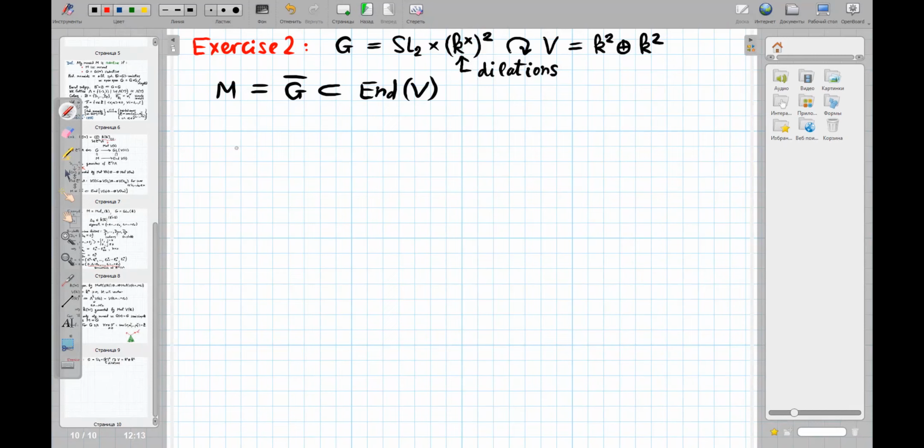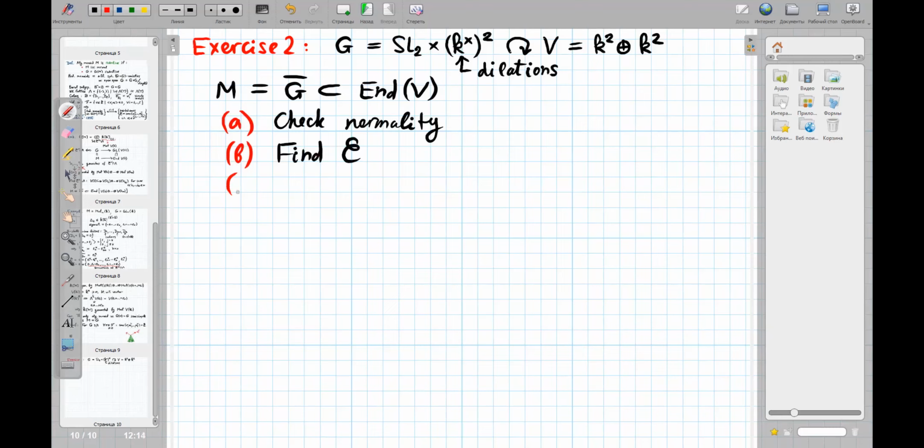So the exercise is first to check that M is normal. Secondly, find the respective cone corresponding to this monoid.